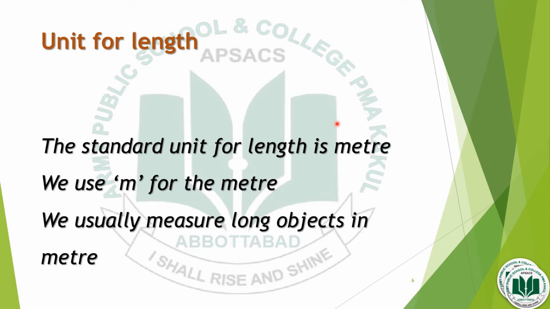Instead of writing the whole word meter, we will use the short form for writing meter, that is m. We use m for meter, and usually long objects are measured in meters. For example, bed, chair, table, these things have a length in meters.